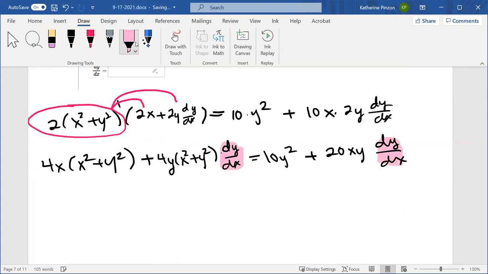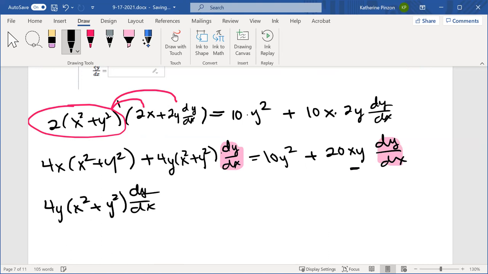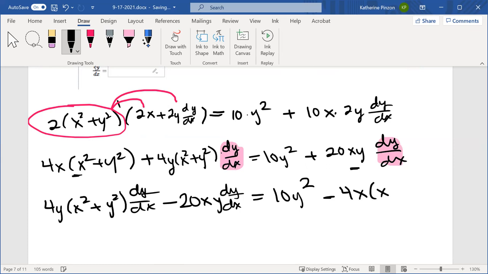Okay, I need the dy/dx terms on the left and the non-dy/dx terms on the right. So I'm going to subtract the 4x times (x squared plus y squared) to the right, and subtract the 20xy dy/dx to the left. So the left-hand side still has that 4y term, and then minus 20xy dy/dx equals. The right side still had that 10y squared, and I subtracted 4x times (x squared plus y squared).